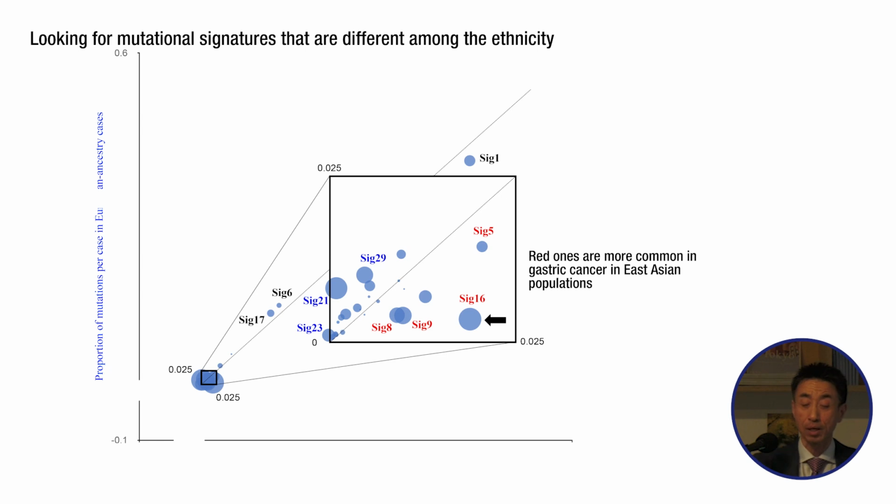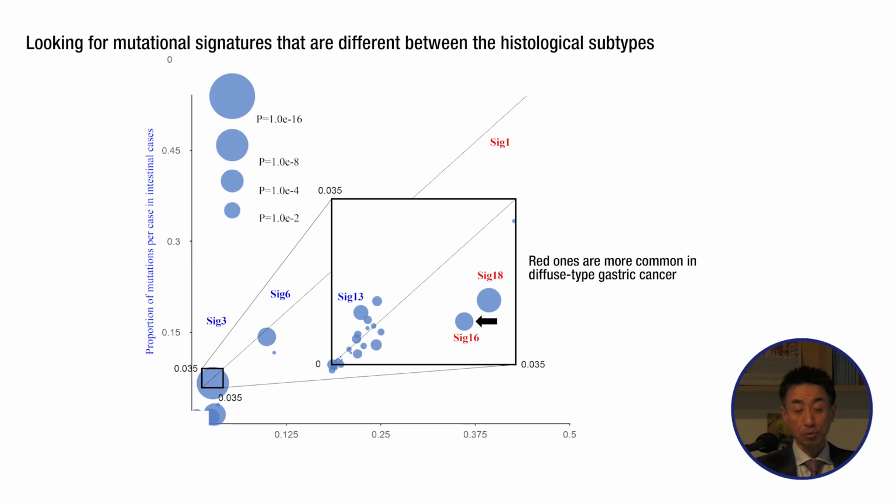So there is some difference in the frequency of specific signatures in each ethnicity. And there are two histological subtypes, cohesive intestinal and non-cohesive diffuse type. Signature 16 is more frequently detected in the diffuse type gastric cancer. So the two gastric cancer types have different mutagenesis processes.